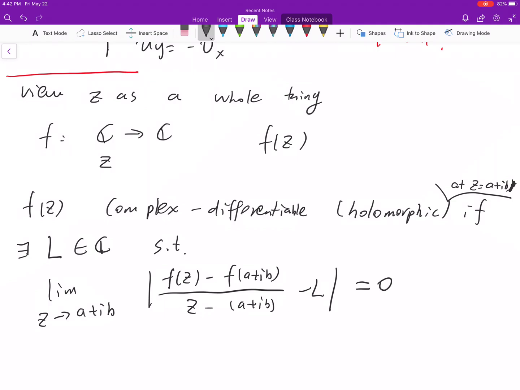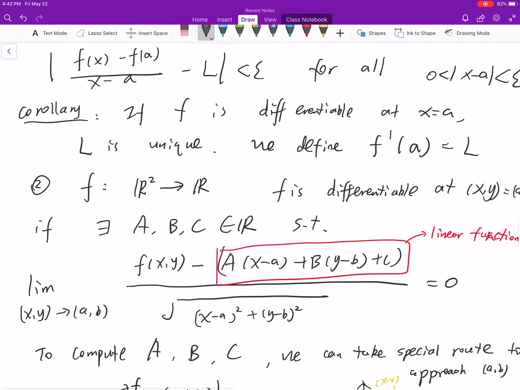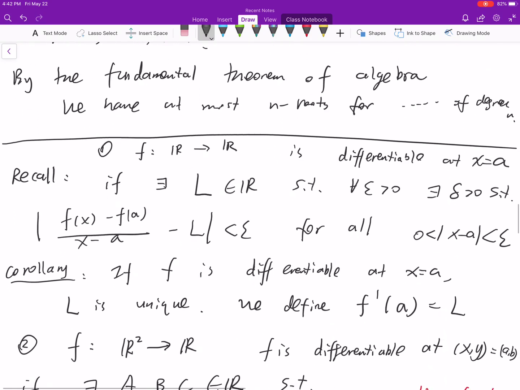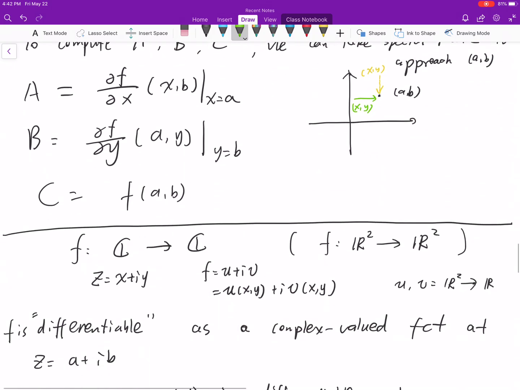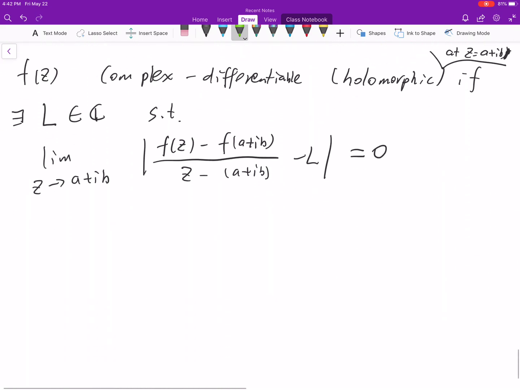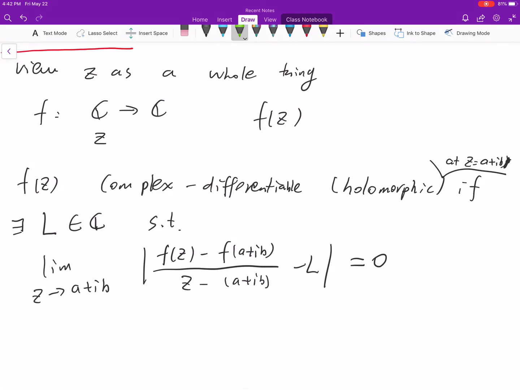Actually, you can go back to the first example we discussed here. It's very similar to this version of differentiability for a scalar function depending on a real variable. Okay, so here is our generalization.